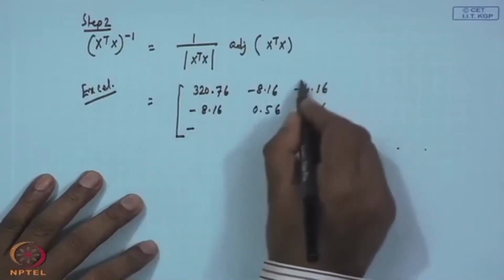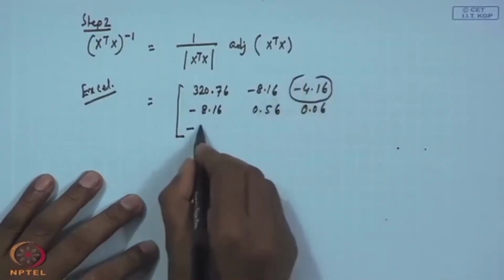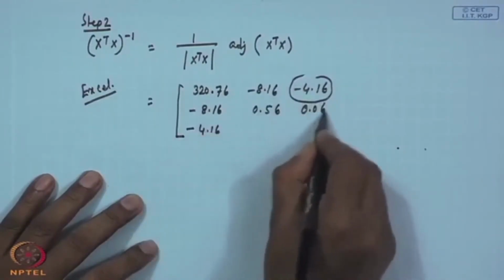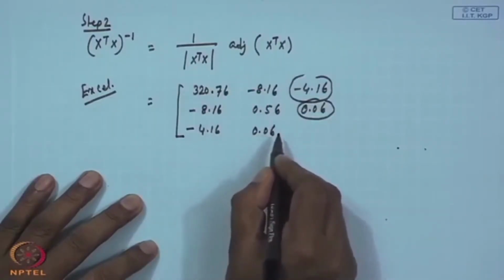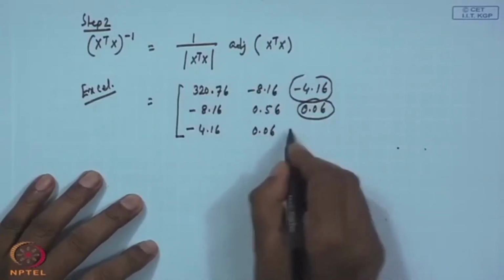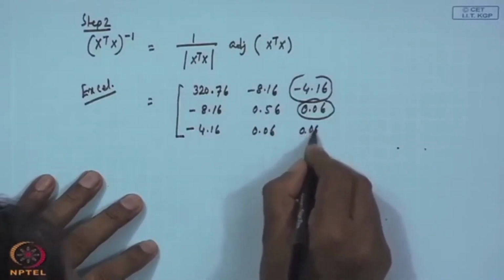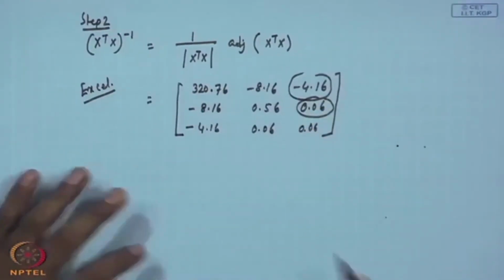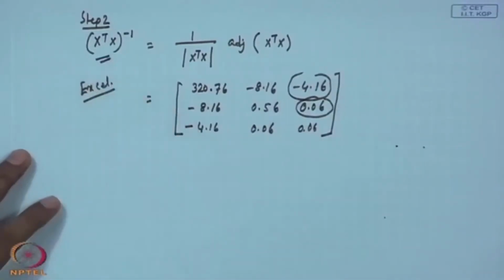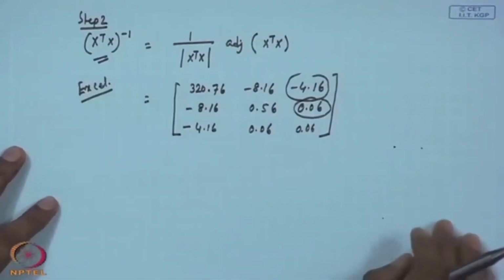So this value will repeat here, minus 4.16, this value 0.06 will repeat here, and the last term is 0.06 also. This is our X transpose X inverse.